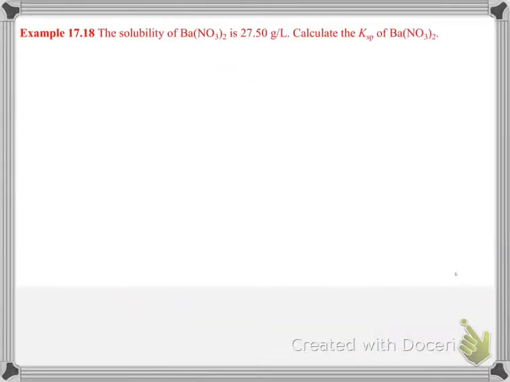Now in the last problem, the Ksp was given and the question was to find the molar solubility. In this question, the solubility is given in grams per liter, and you have to find the Ksp, the opposite. When we are talking about Ksp, we are talking about molar concentrations.